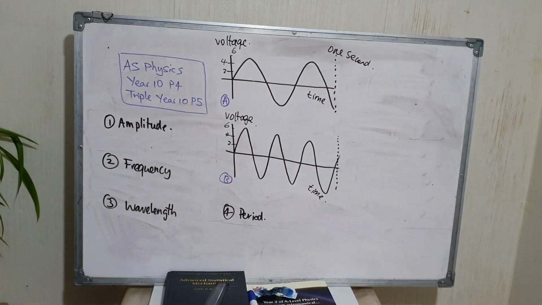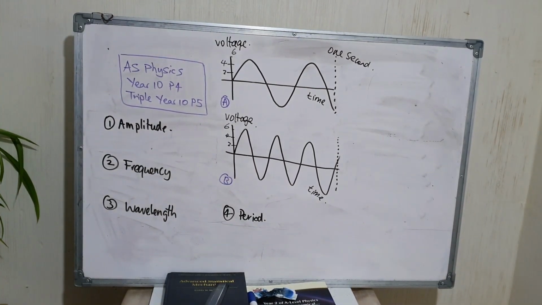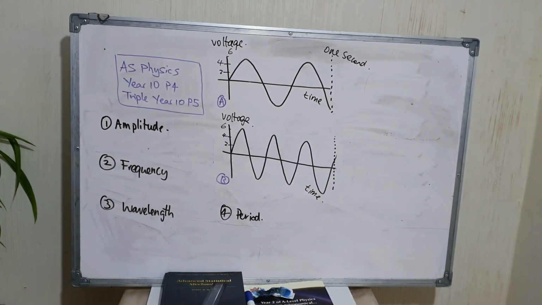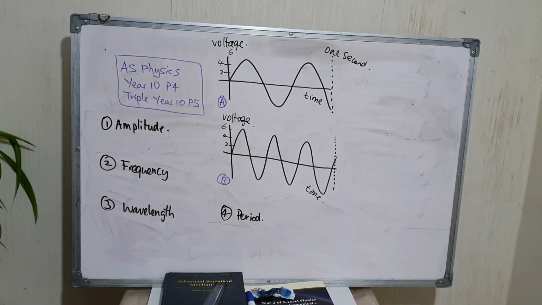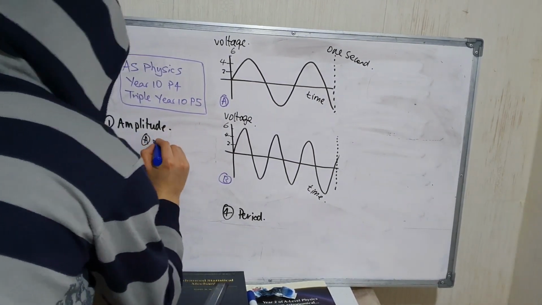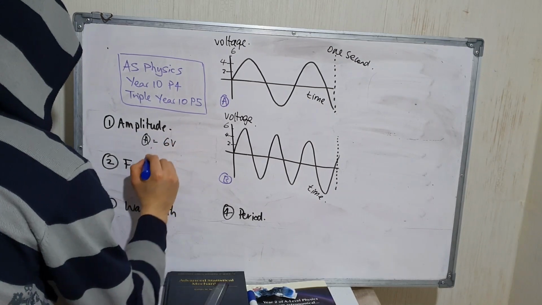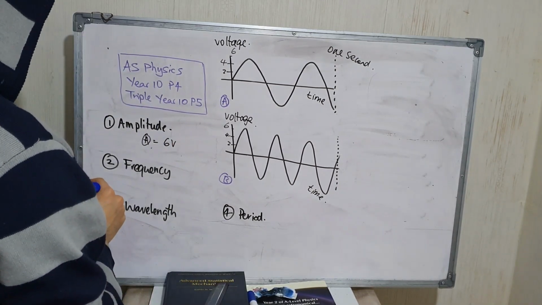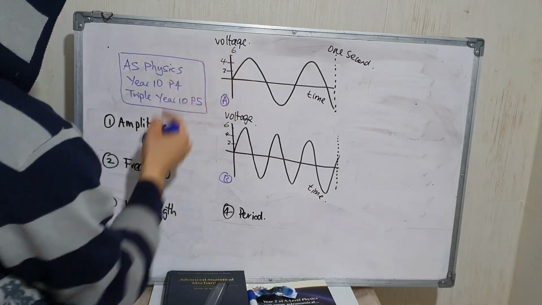Right, so let's just do a rough estimate. The amplitude for wave A, let's just say 6 volts. So what's the definition of amplitude? Amplitude is the height of the wave from the middle to the top of the wave.